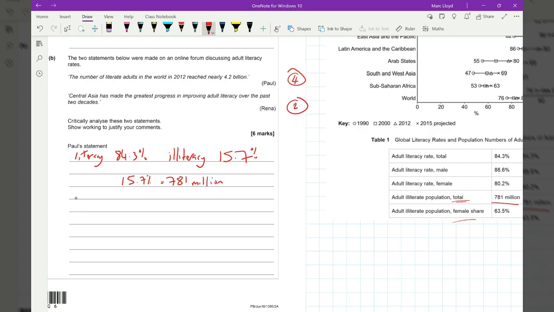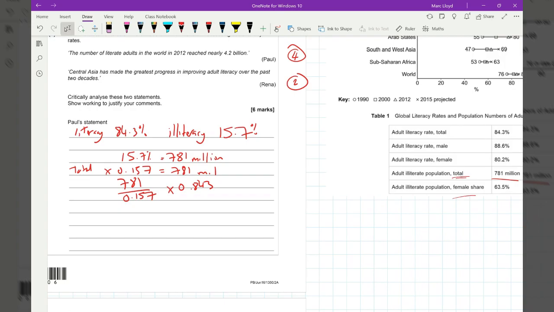So if I had the total population multiplied by 0.157, I'd get 781 million. Therefore, 781 over 0.157 will tell me the total population. And then if we multiply by 0.843, that will tell me how many people are the literate adults.